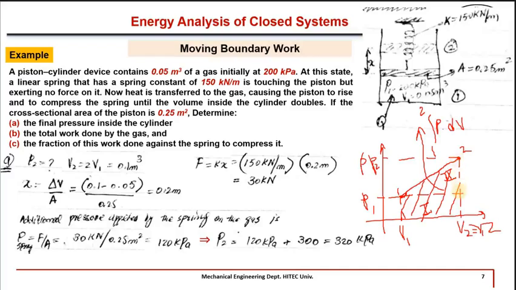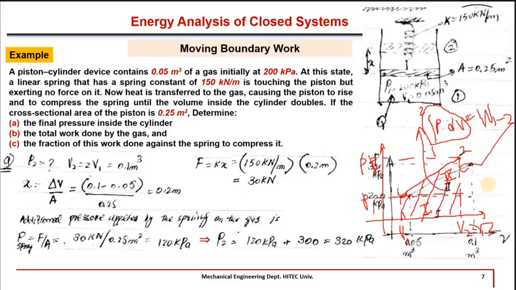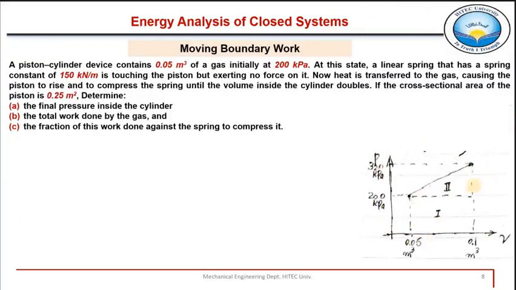So 1 by 2 BH is the area of this second part. Then we sum these 2 areas, and that will be the total area under this curve, which represents the work done during this process 1 to 2. That is shown here on this PV diagram.